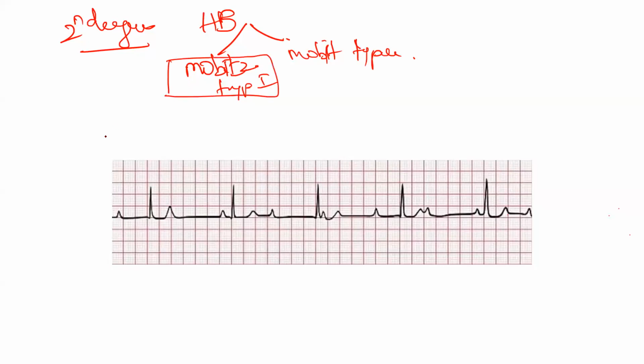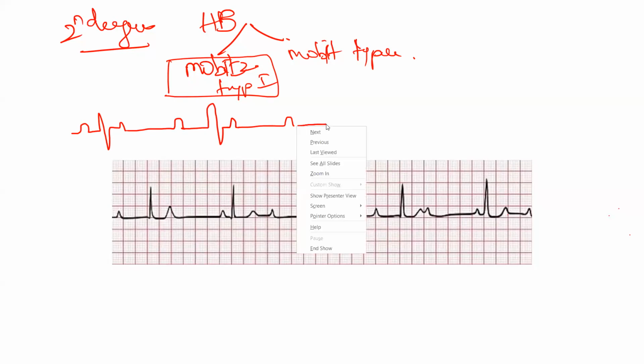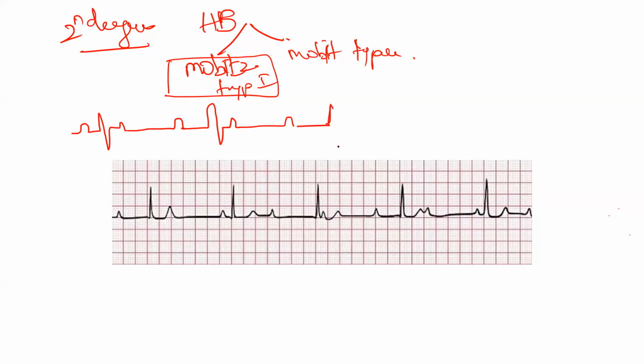In Mobitz type 1, there will be a P wave and a QRS complex. On the next beat, there will be a P wave, and the PR interval will keep on increasing. Next, there is a P wave and the PR interval increases further. Suddenly, one P wave has no QRS.